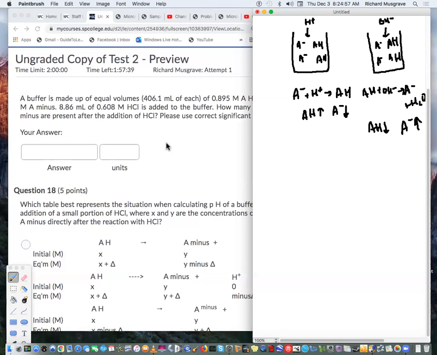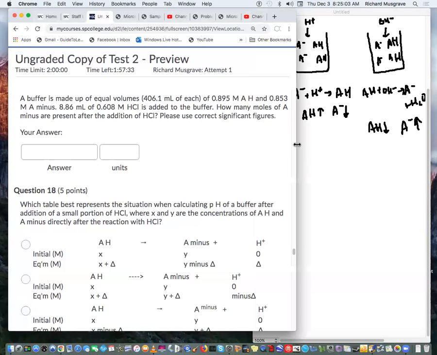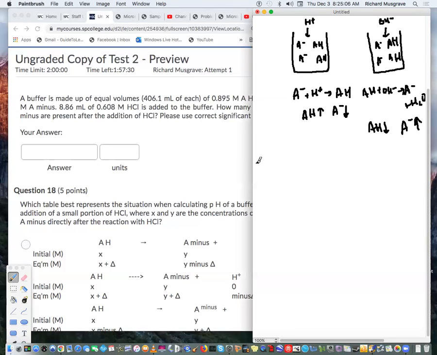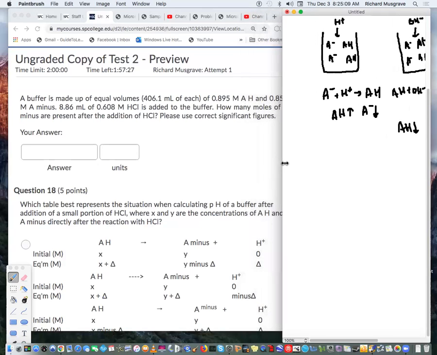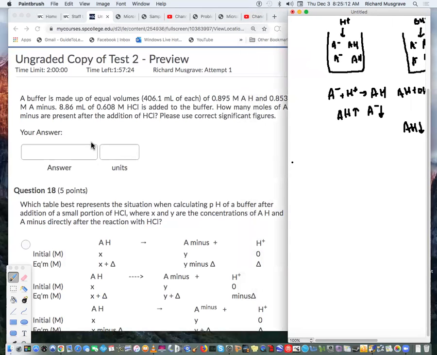Now, in this instance, we've got the HCl being added. So we know what's going to happen is that we're looking for A minus. So we know the A minus is going to go down. So the idea will be that we'll find the initial moles of A minus, and we also need the initial moles of H plus.